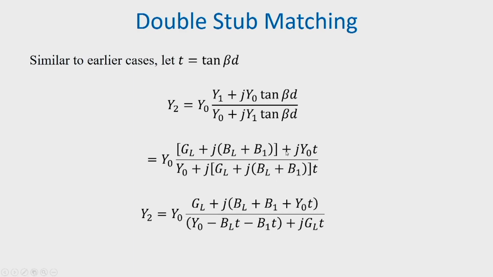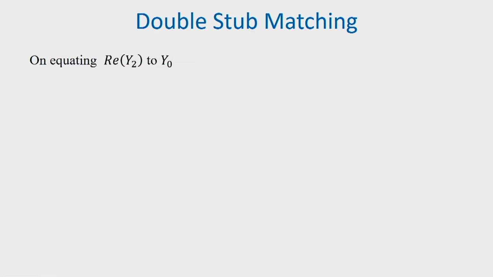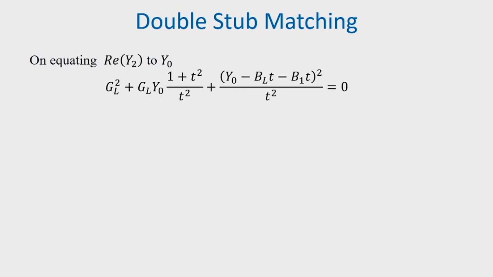After the rearrangement of terms, Y2 can be put in this form: GL plus j (BL plus B1) plus Y naught t, divided by Y naught minus BL t minus B1 t plus j GL t, and this entire term multiplied by Y naught. Now we equate the real part of Y2 with Y naught, and then we get an equation of this form.